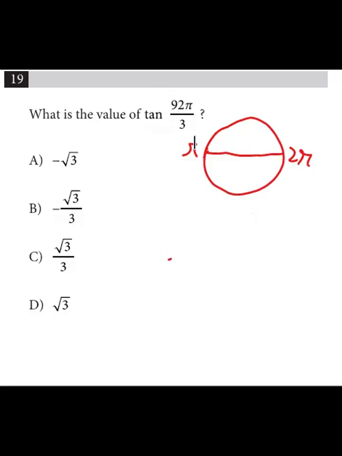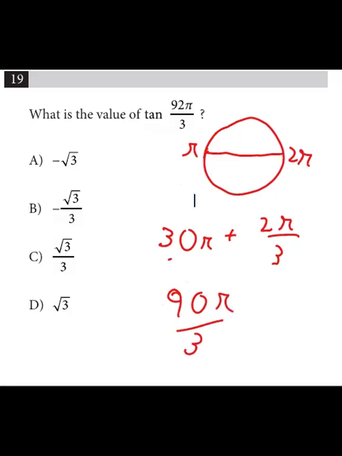So 92 pi over 3 is the same thing as 30 pi plus 2 pi over 3. The way I got this is that 30 pi is the same thing as 90 pi over 3. So 90 pi over 3 plus 2 pi is the same thing as 92 pi over 3.